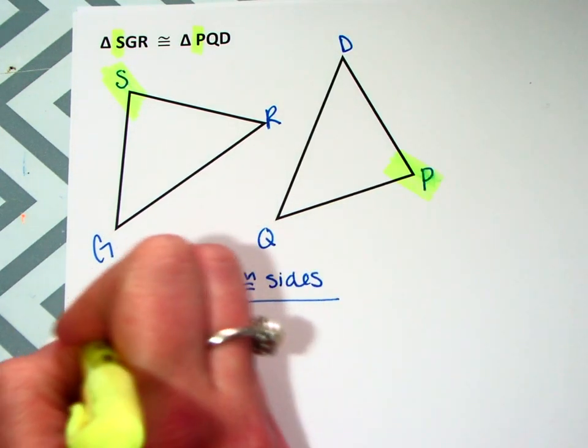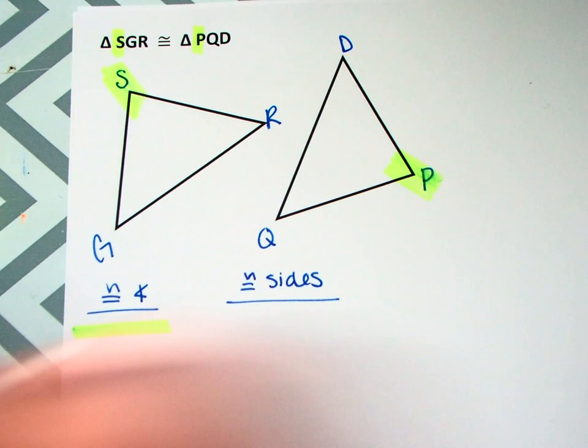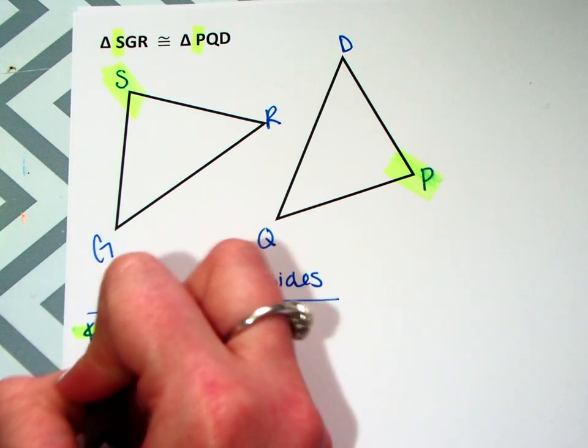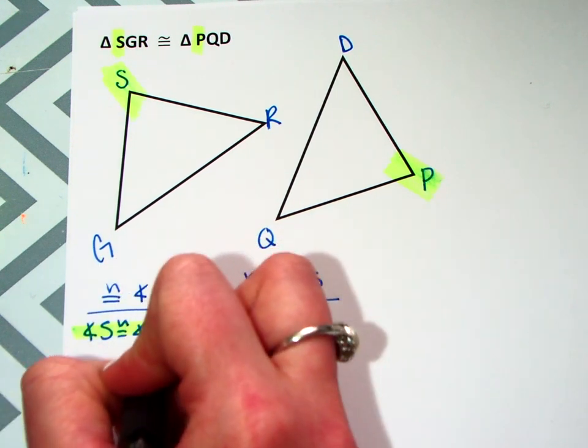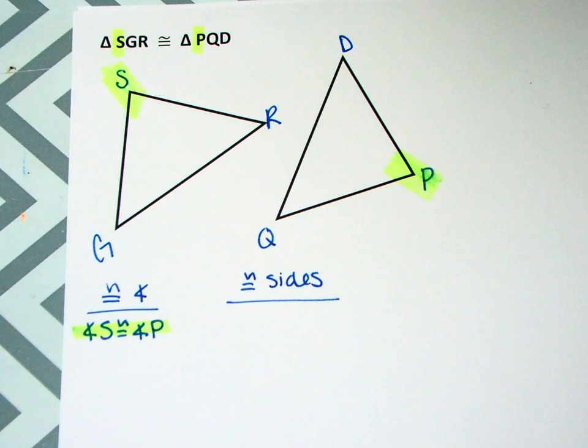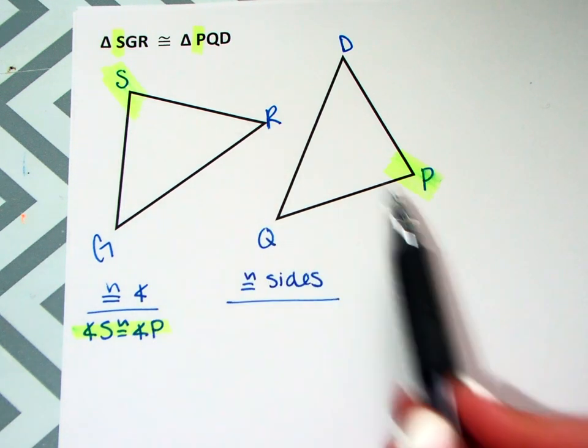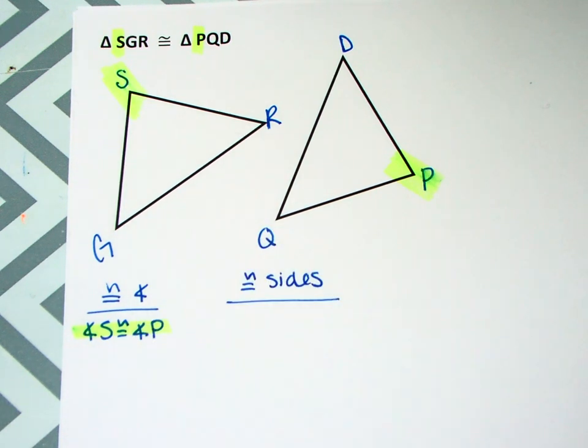And here's the thing. Some of you don't like to use highlighters. That is perfectly fine. However, you need to do something to ensure that you know the difference between all the congruent pairs. You don't have to use color, but you do need to use something. Whether or not you put like a circle around S and P or a square, something. So then I'm going to move to my next set of letters.